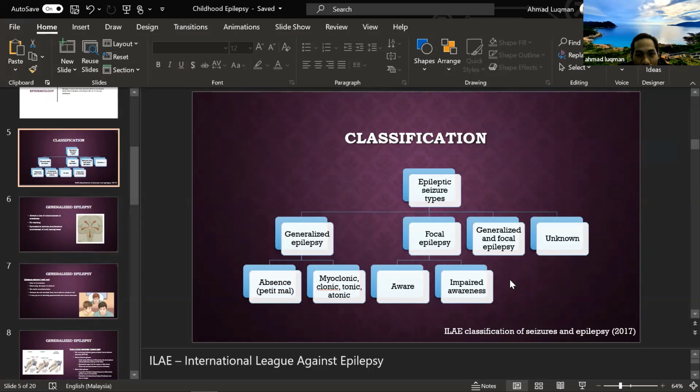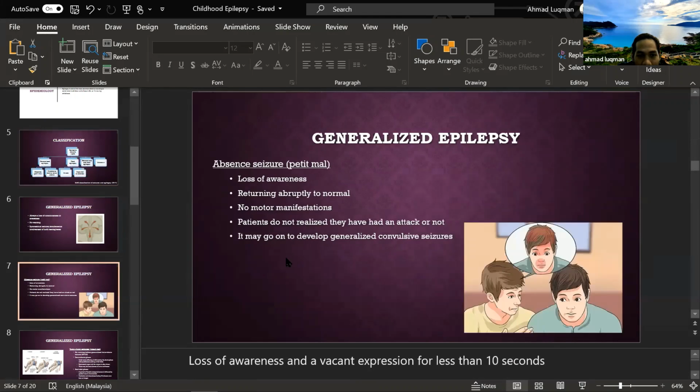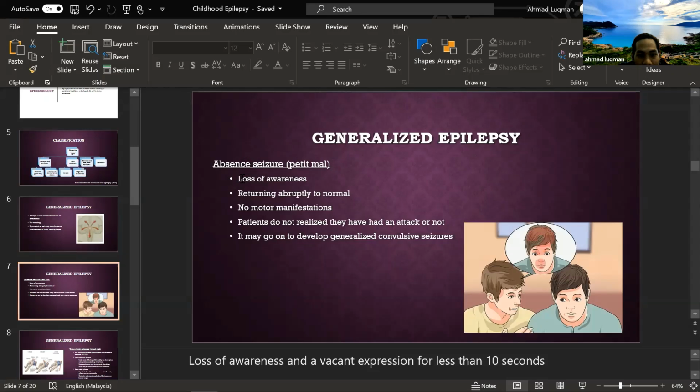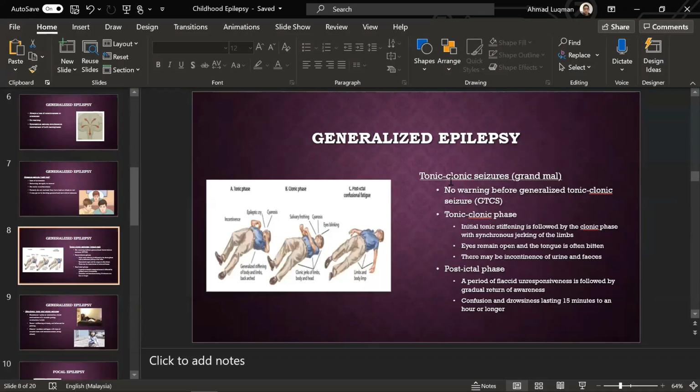It means that we need to know how the child is and how it happens, because different types of seizure or epilepsy manifest as different movement or behavior. Like absence, the patient will have loss of awareness. Different from the tonic, we will go into states like the tonic phase and clonic phase.